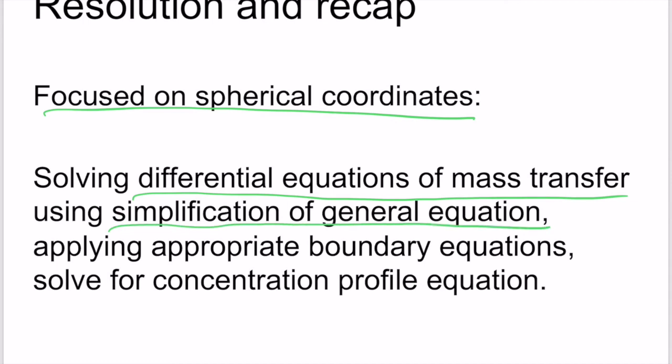Namely, that things are steady state, that there's no flow, and that it's only happening in one dimension. Everything's symmetrical, because it's a sphere where things are only changing with r, with radius.